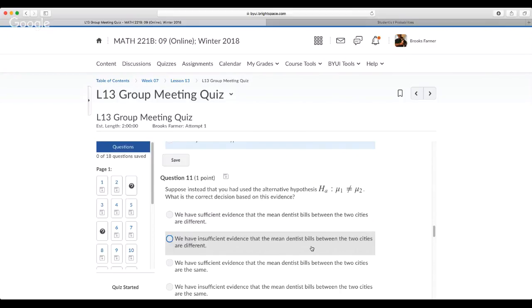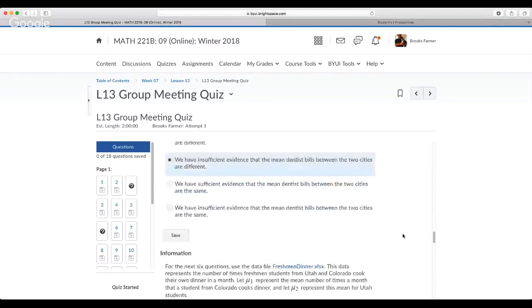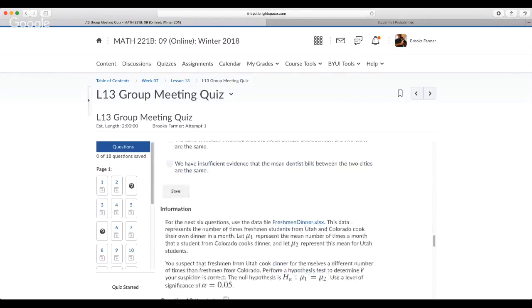We have sufficient evidence that the mean dentist bills are different. We have insufficient evidence that the mean dentist bills between the two cities are different. Because our null hypothesis is that they're the same. Mm-hmm. So I would assume, since we're rejecting this hypothesis... Yep.